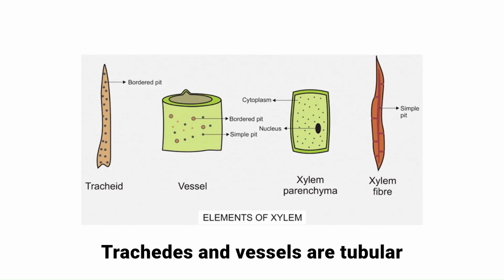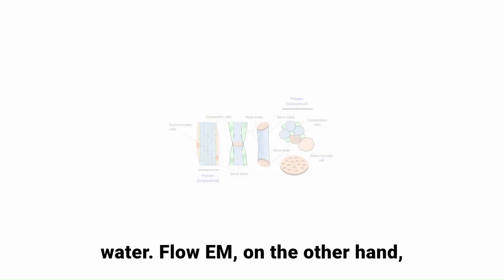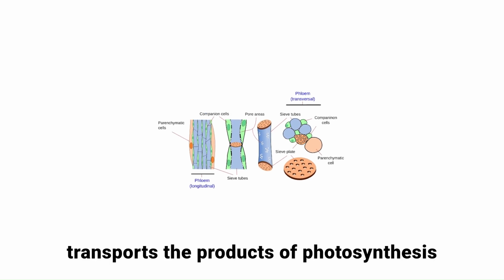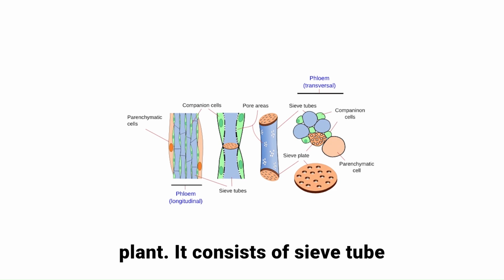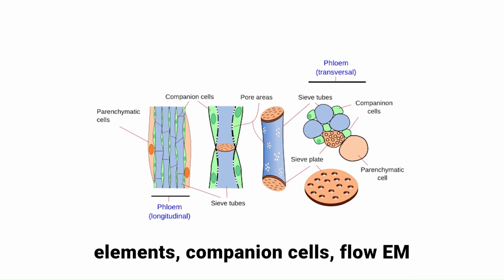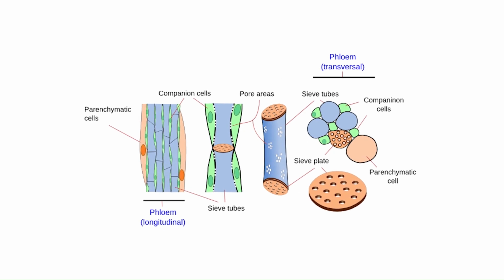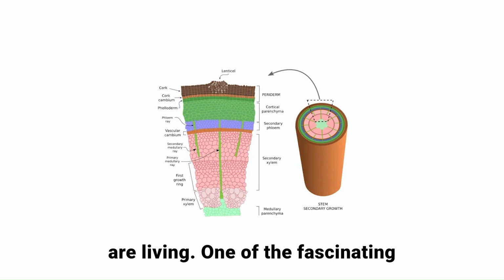Tracheids and vessels are tubular structures that allow the free flow of water. Phloem, on the other hand, transports the products of photosynthesis from the leaves to other parts of the plant. It consists of sieve tube elements, companion cells, phloem parenchyma, and phloem fibers. Unlike xylem, most of the phloem cells are living.